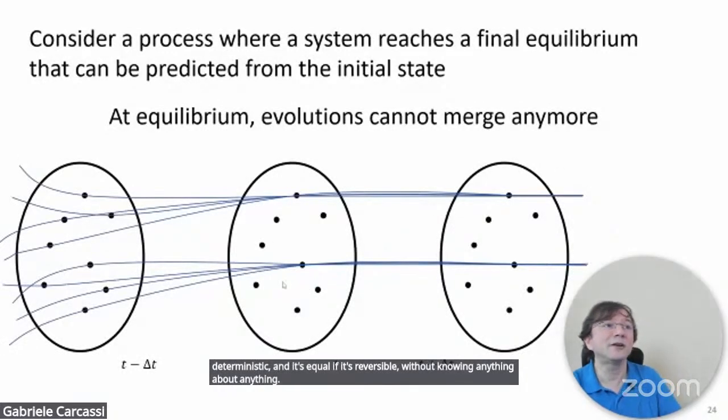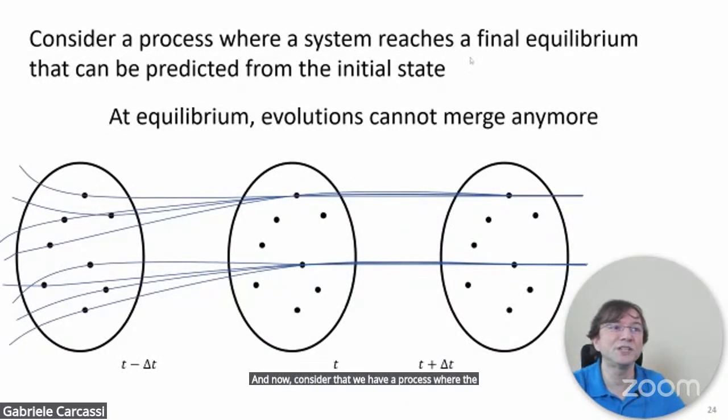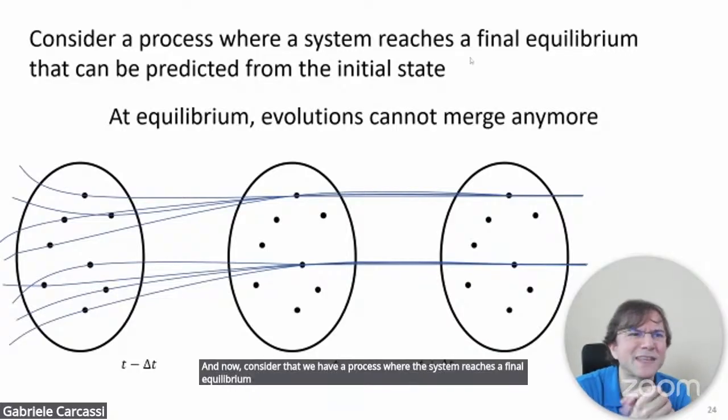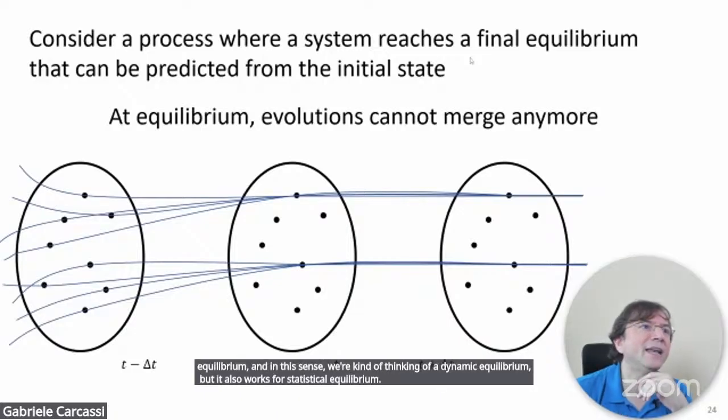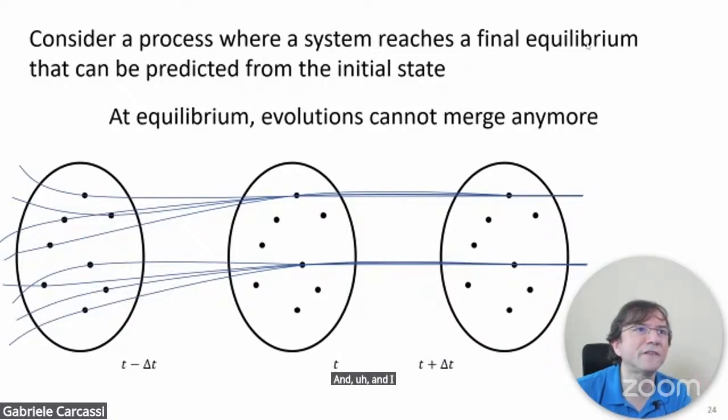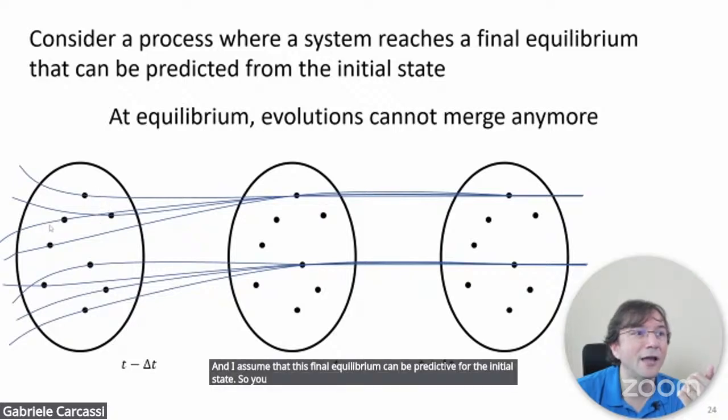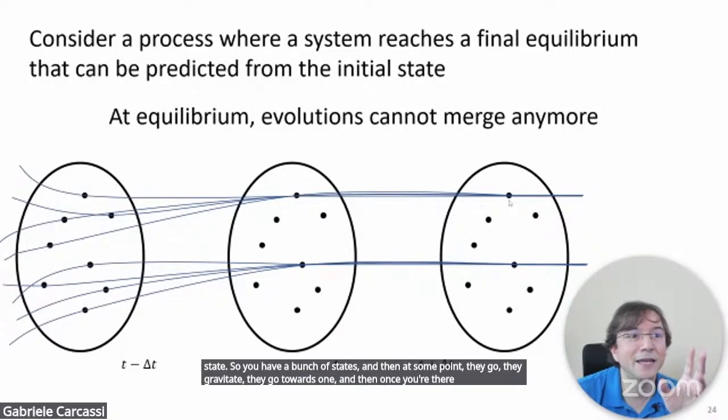And now consider that we have a process where the system reaches a final equilibrium. In this sense, we're thinking of a dynamic equilibrium, but it also works for statistical equilibrium. And I assume that this final equilibrium can be predicted from the initial state. So you have a bunch of states, and then at some point they gravitate towards one, and once you're there, they stay where they are.